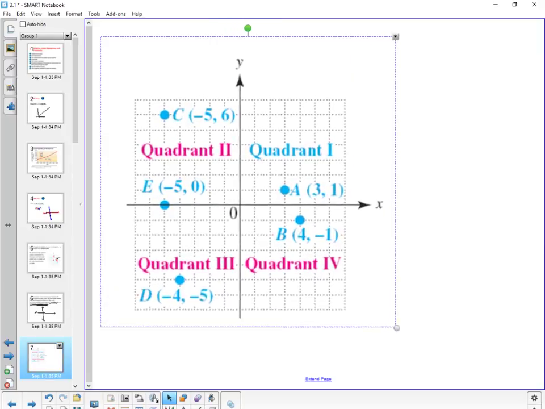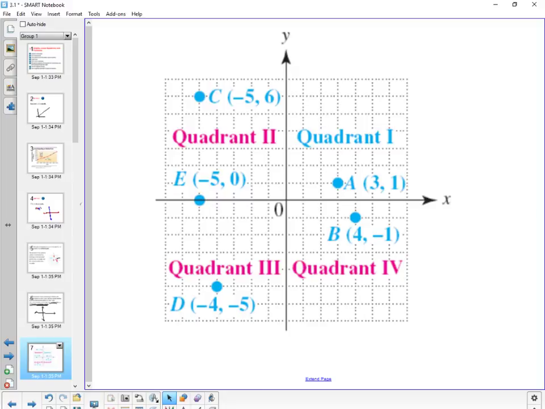Good stuff here with the quadrants. Sometimes we do forget. We start with quadrant 1 and we move counterclockwise. This would be quadrant 2, quadrant 3, and then quadrant 4. There are some rules about these quadrants. If you're in quadrant 1, both of your coordinates should be positive. Over in quadrant 2, you should always get a negative first and then a positive.